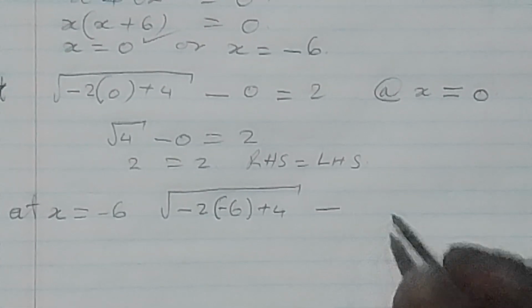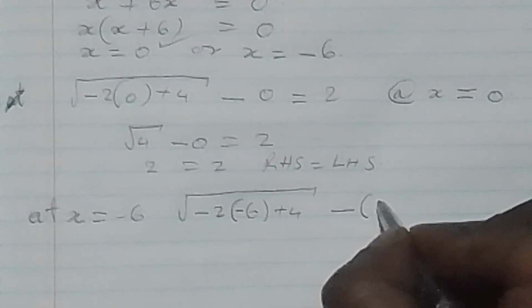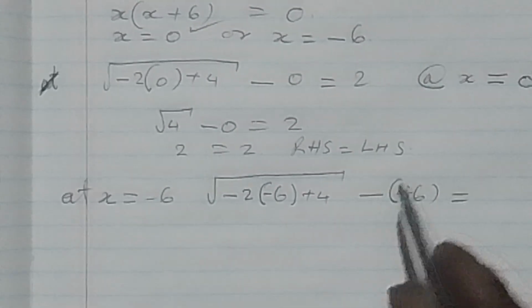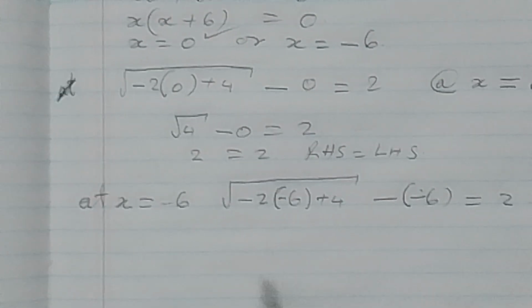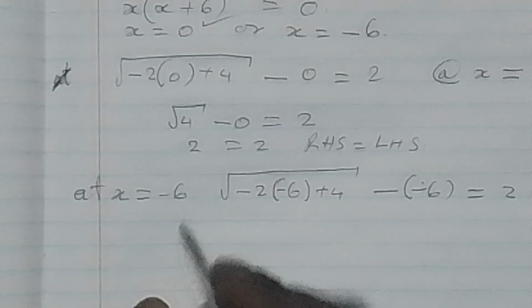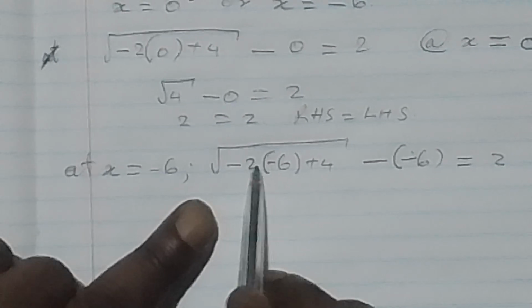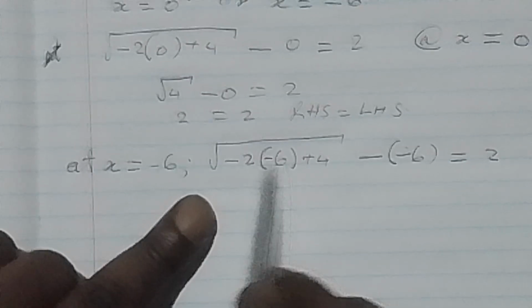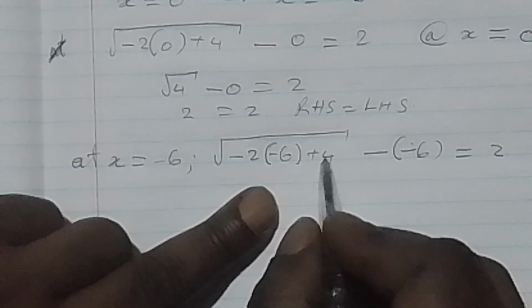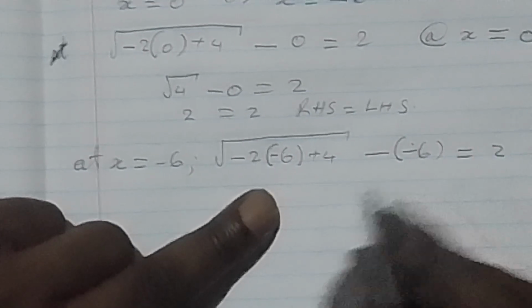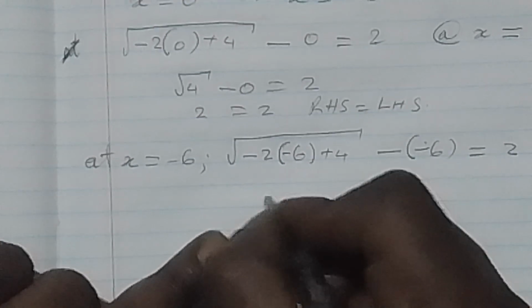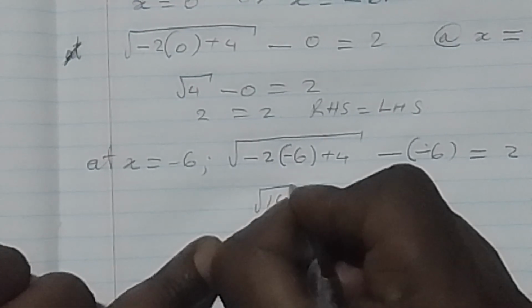Your x is minus 6, minus x equals 2, right? Minus times minus is positive. 2 times 6 is 12. 12 plus 4 is 16. You put the square root of 16.